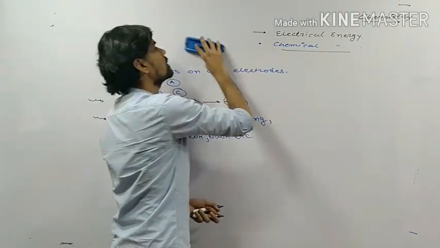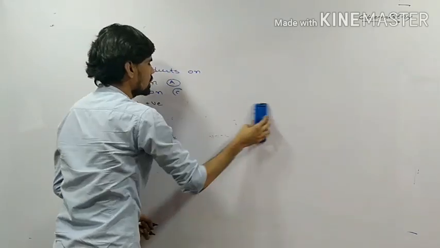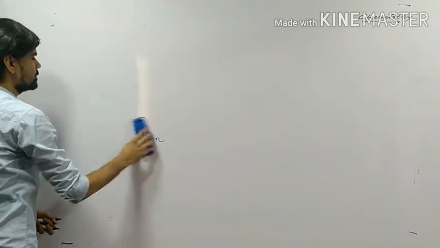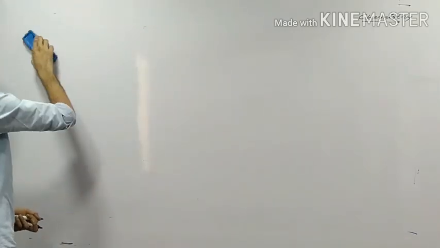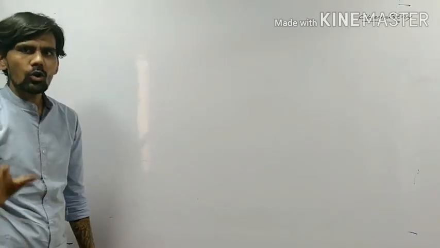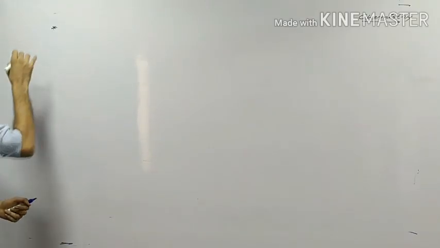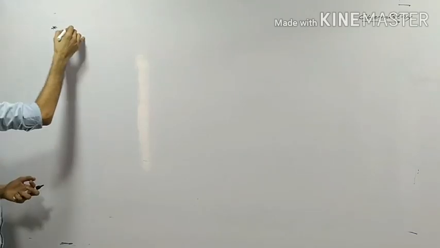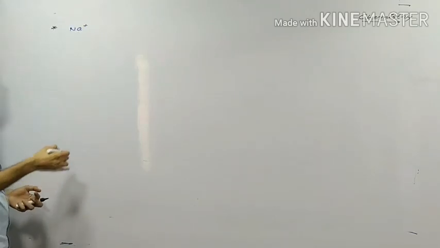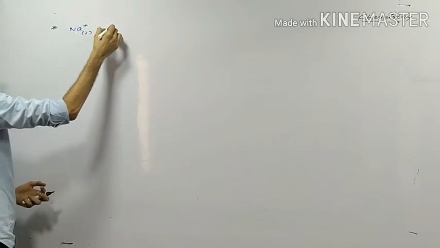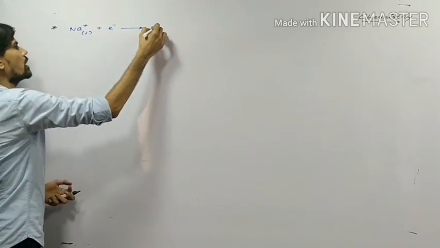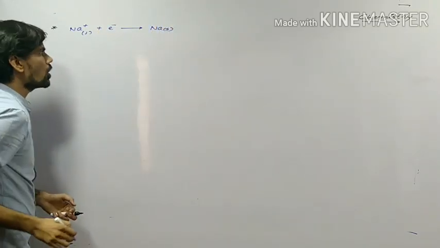In electrolysis, you have to understand the law of Faraday. We will study about that law of Faraday after a little time. But first of all, we are clearing some simple points like Na+ liquid. It will gain an electron and convert into Na solid.